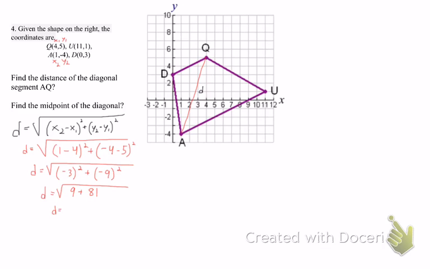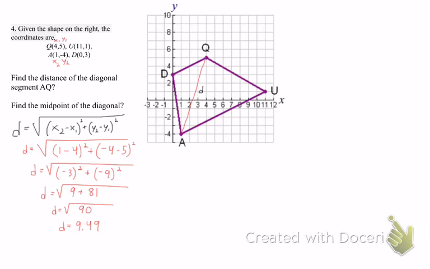Finally, we see that D equals the square root of 90. And since the square root of 90 is not a perfect square, we can use our calculators, and we see that the square root of 90 is 9.49. So 9.49 is that distance between point A and point Q.